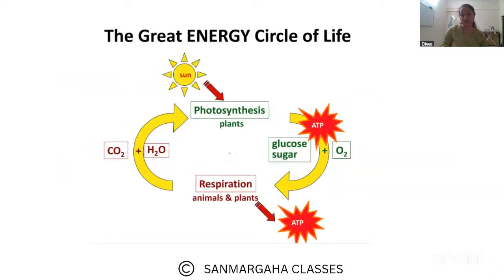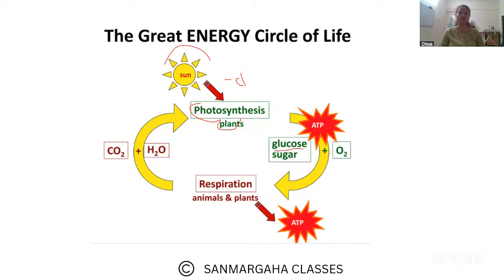So here we will see photosynthesis in plants. What exactly happens? In the presence of sun and chlorophyll, in green leaves of plants, carbon dioxide and water undergo photosynthesis. And what is made?